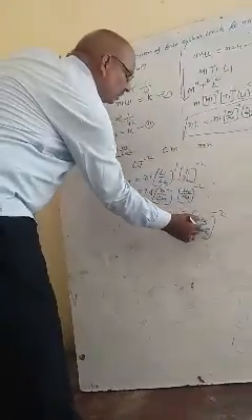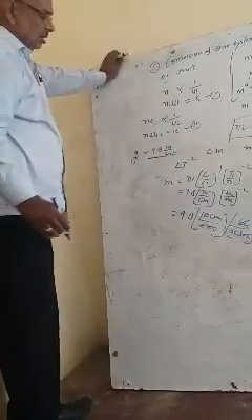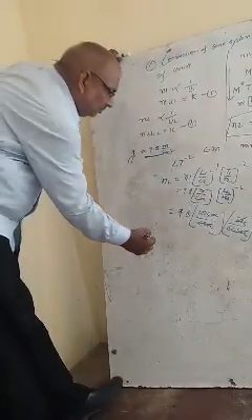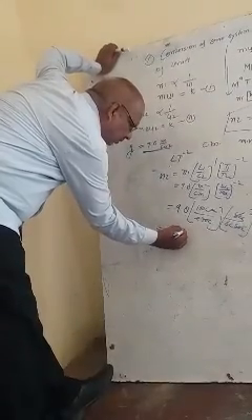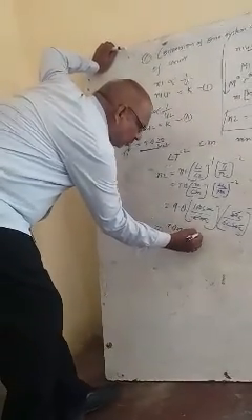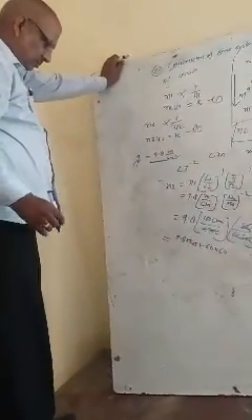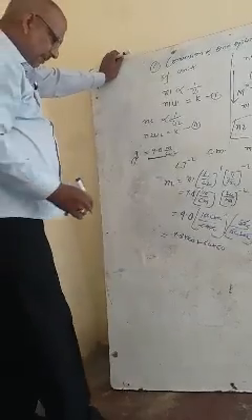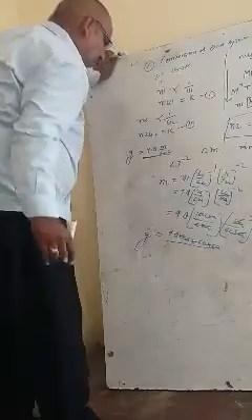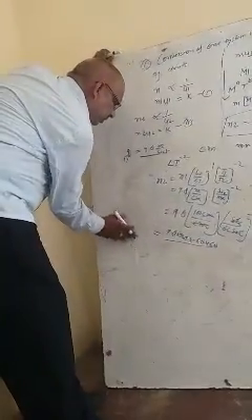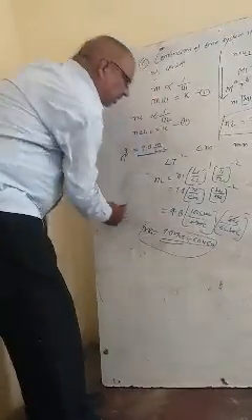Cancelling second with second and centimeter with centimeter, you will get 9.8 into 100 into 60 into 60. After solving this value, you can get the required numeric value of g as n2.